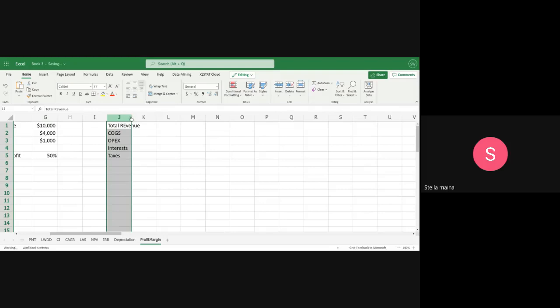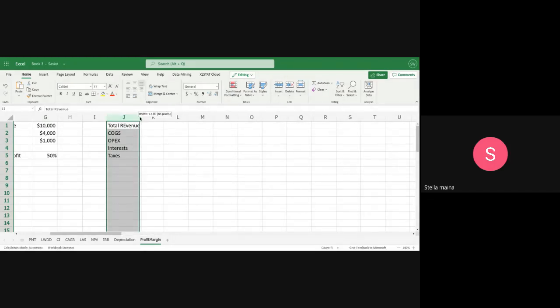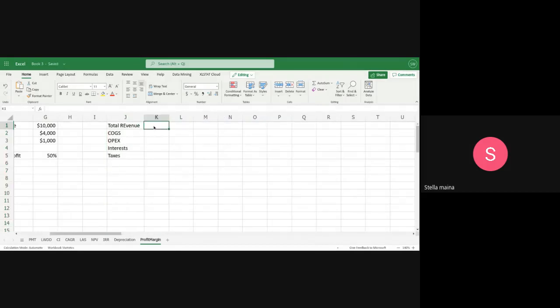So we just have 10,000. Cost of goods sold is 4,000. Operating expenses is 1,000. And then our interest is 500, and then our taxes are 1,000.